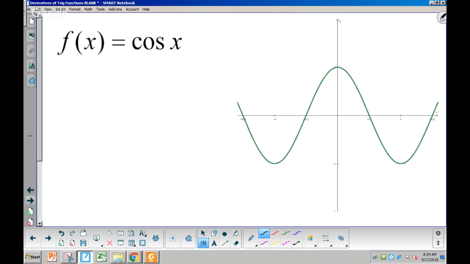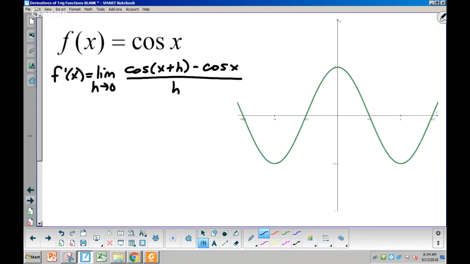All right, let's do another one. The derivative of cosine is going to be the limit as h goes to 0 of cosine of x plus h minus cosine x all over h. Can we use substitution here?